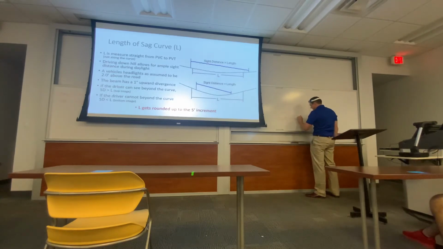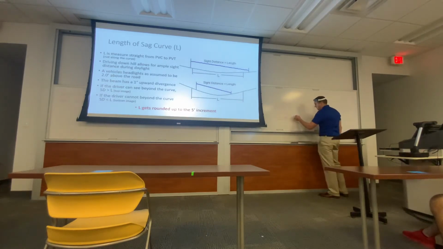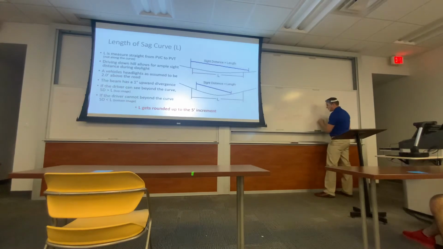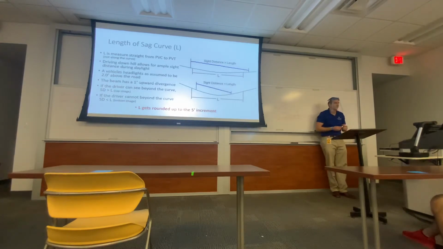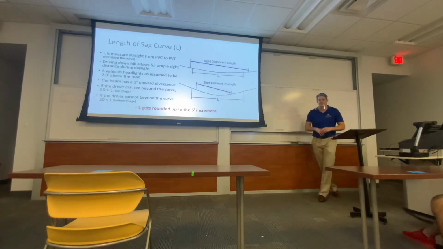We're assuming that this is 2 feet between here and here. And then from here, we have a 1 degree divergence. So as you're going downhill, it's illuminating in front of you 1 degree. Again, that's our design vehicle.